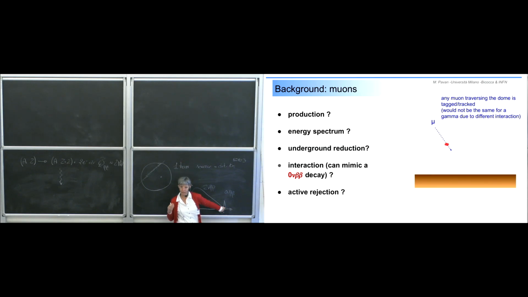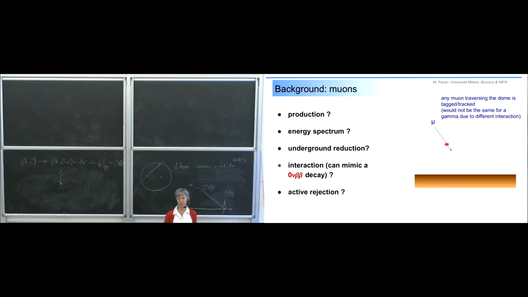But I cannot tell my data acquisition, okay, wait for two or 3 days or 2 or 3 years, because maybe you have produced a metastable nucleus that we have to wait for to be sure that it has decayed. Okay, so first you need to understand exactly which are the metastable nuclei that are dangerous for your experiment, and then you have to devise a different way to get rid of their potential production.